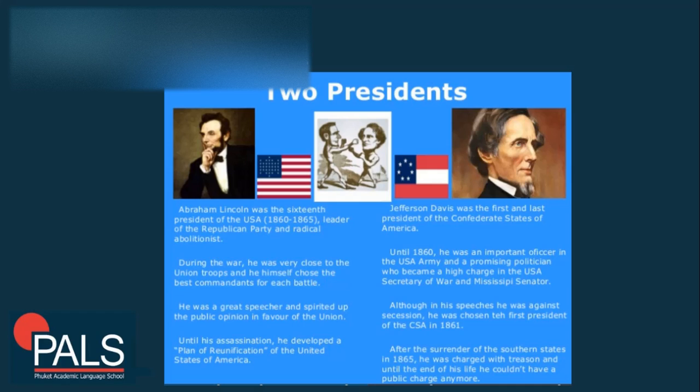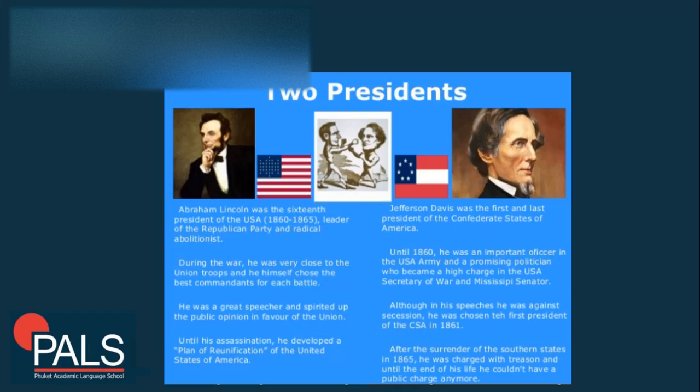He was a great speaker and spirited up the public opinion in favor of the Union. Until his assassination, he developed a plan of reunification for the United States of America. Sadly, he wasn't able to see most of the results because he was assassinated just a few weeks after the war ended.